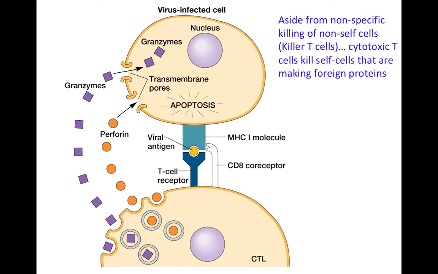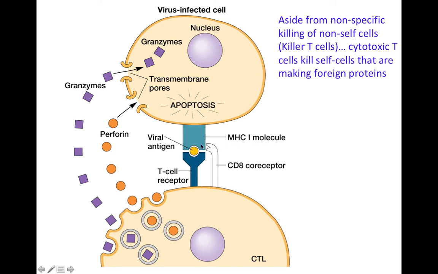So whereas the natural killer cells can basically attack cells that lack MHC1, cytotoxic killer T cells have a different process. The T cell receptor of a cytotoxic killer T cell has the ability to see peptides presented by an MHC1 molecule.